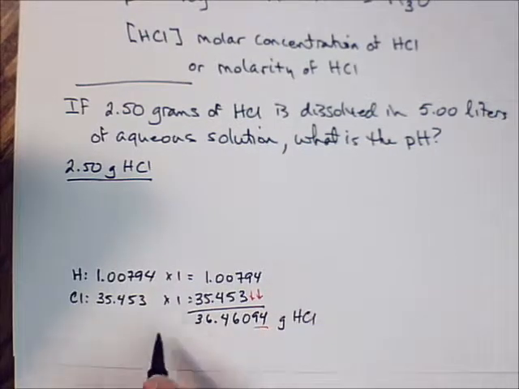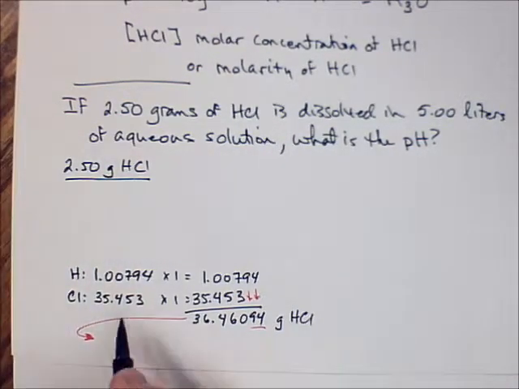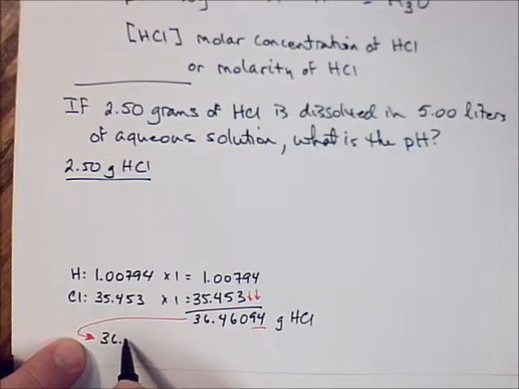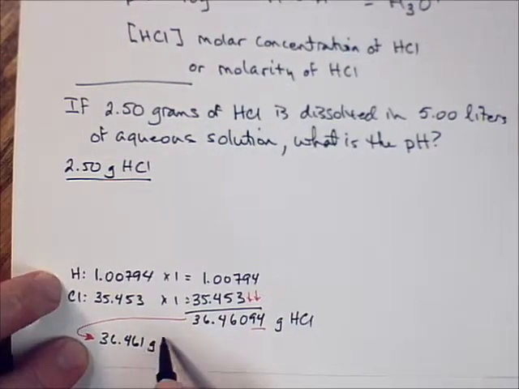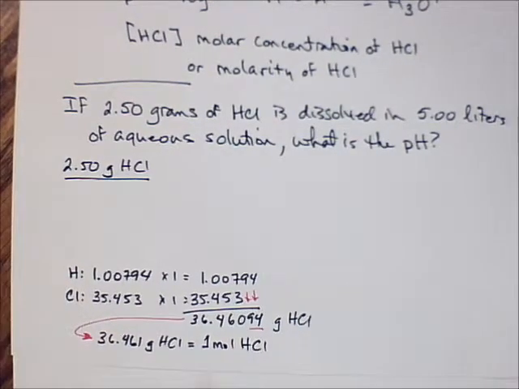This is grams of HCl. We're going to round this off now, and we get 36.461 grams of HCl equals 1 mole HCl.